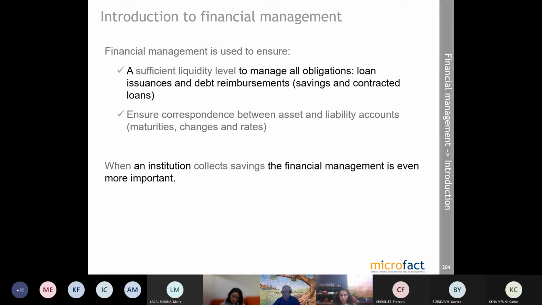So this is important. And actually, I would say that when you collect savings, financial management is even more important. Liquidity is not easy to manage.